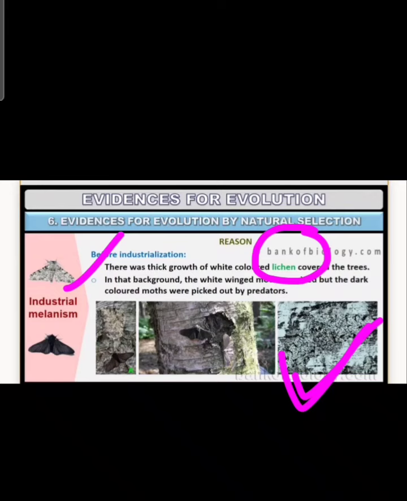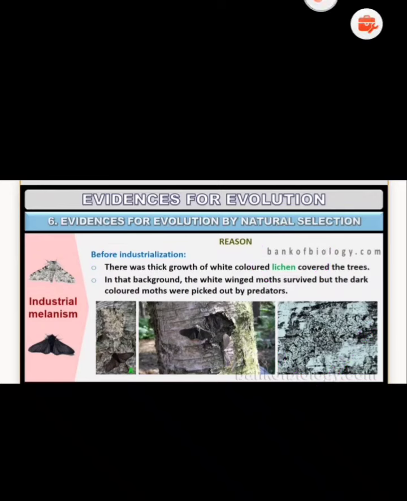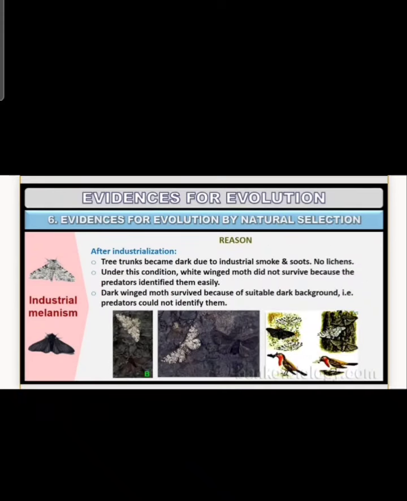But after industrialization, what happens? Because of more carbon and more pollution, even the lichens became extinct, or there was no lichen present there. Because of the darker background, white-winged moths were easily seen. The tree trunk became dark due to the industrial smoke and soot.